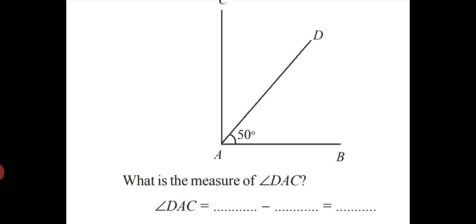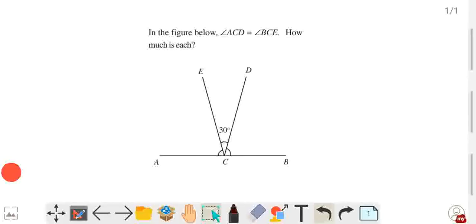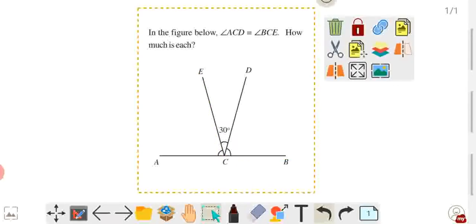This is not a linear pair. This is another one. Here the angle ACD and angle BCE are equal.